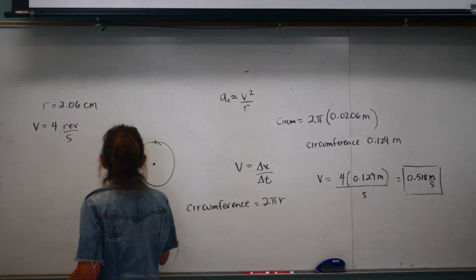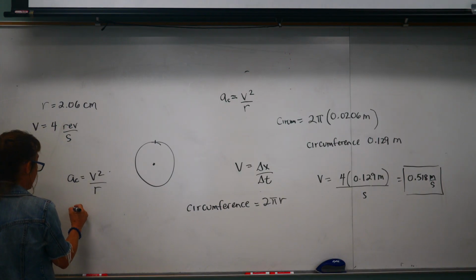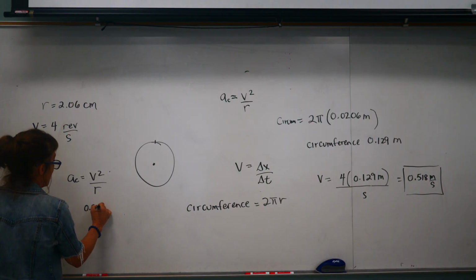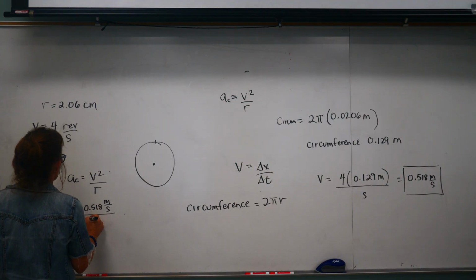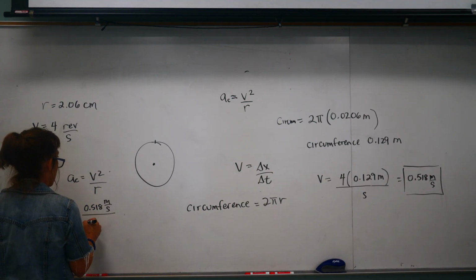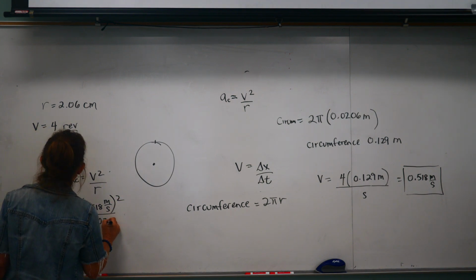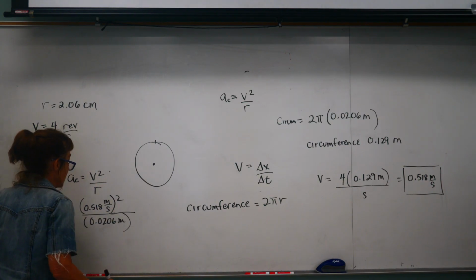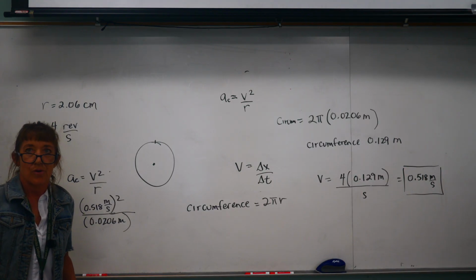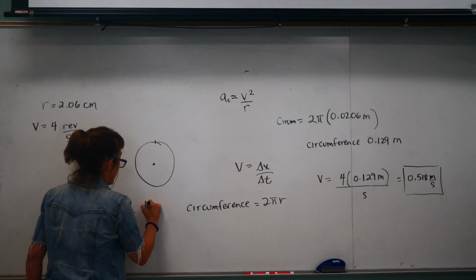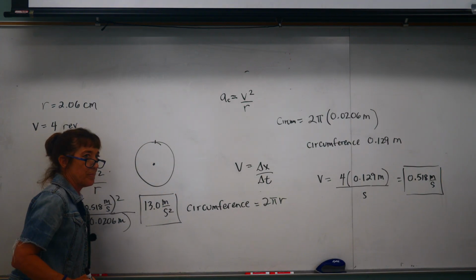And now my centripetal acceleration is simply v squared over r, which would be 0.518 meters per second, squared, divided by 0.0206 meters, which is 13.0 meters per second squared. And that is my centripetal acceleration.